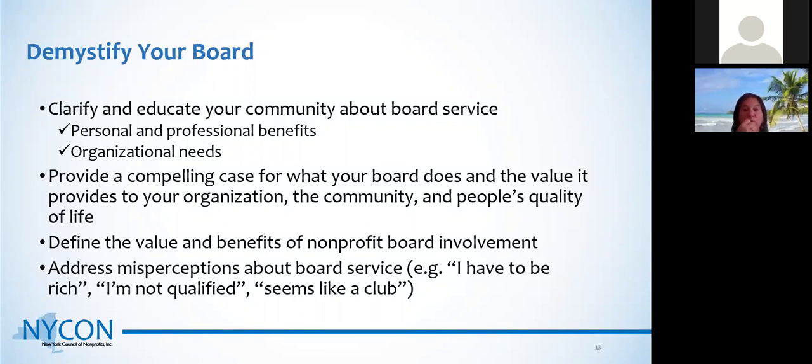So what you want to think about is developing a compelling case for what your board does and the value it provides to the organization, the community, people's quality of life. You want to tell that story. You want to give people a sense of the importance of serving on the board.